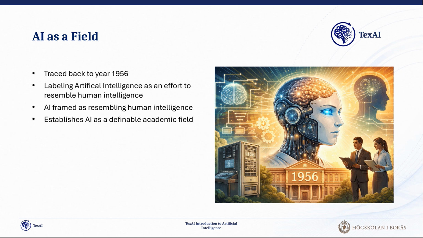Over time, AI has evolved to encompass various subfields such as machine learning, natural language processing, and robotics, all working towards the goal of making machines capable of autonomous, intelligent behavior. This foundational understanding helps establish AI as a distinct and definable academic discipline, paving the way for future research and applications.